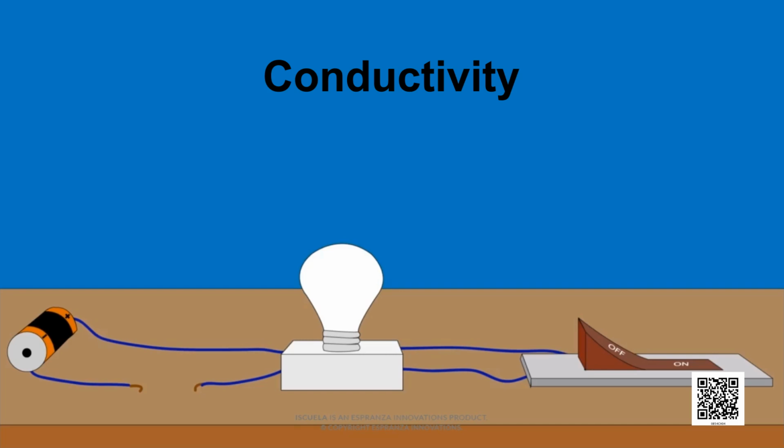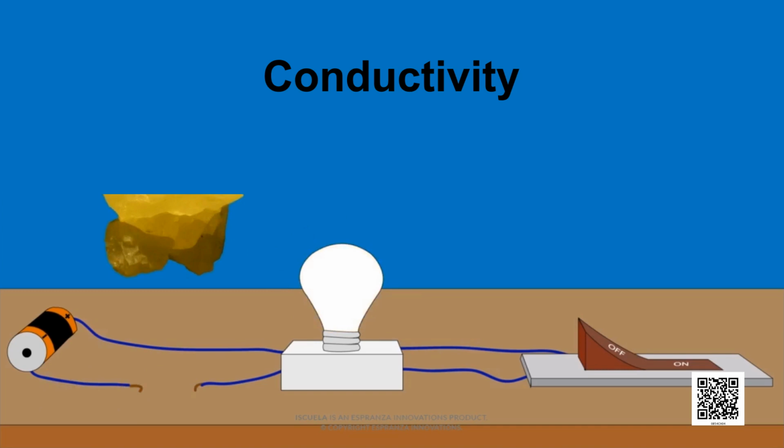We will check the conductivity of the materials by checking different objects one by one in this electric circuit. When we connect a piece of iron or copper in this electric circuit, the circuit will complete and you will notice that the electric bulb present in the circuit glows.